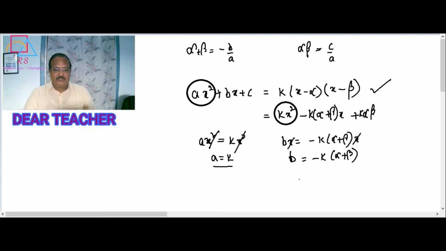Then alpha plus beta is equal to minus b upon k, and k is a, so it is minus b by a.